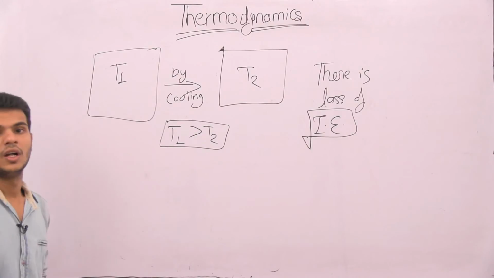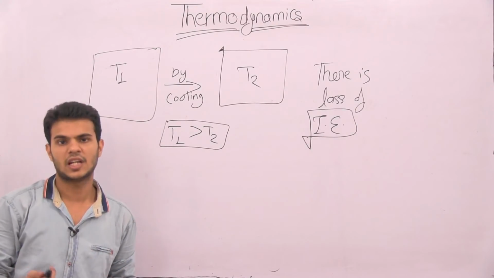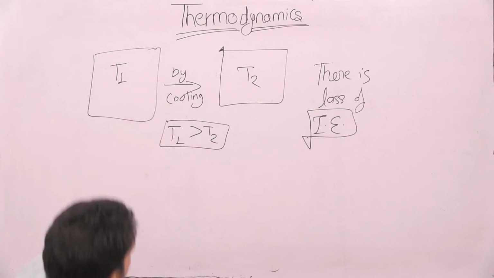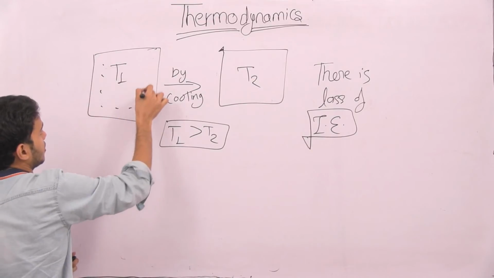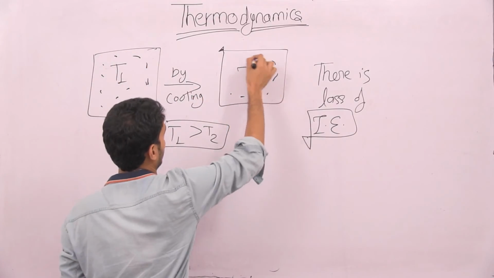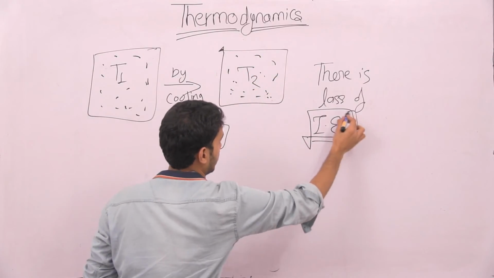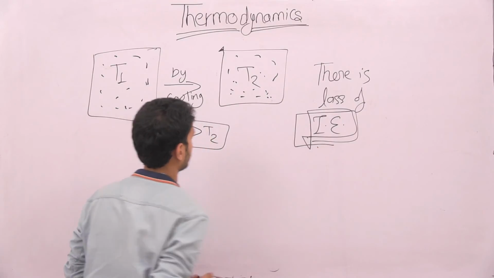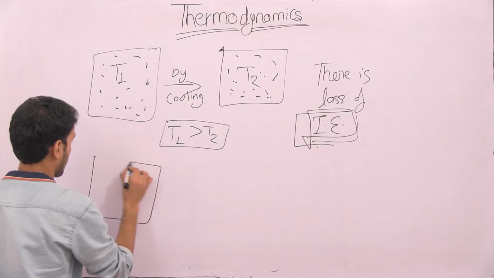So mainly in thermodynamics and physics we talk about gases and generally real gases. So if there is gas filled here and is cooled down to temperature T2, its internal energy gets decreased. So we can use the process in the reverse way.